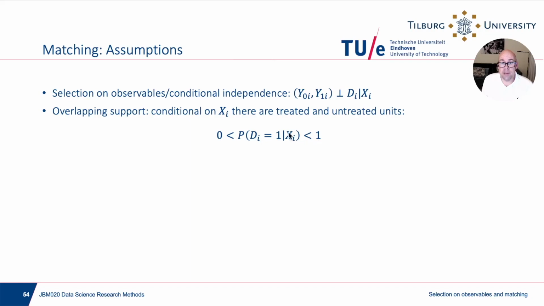And that means that there are treated and untreated units in each group. If this were not the case, we would be in trouble, because then we could not estimate the treatment effect at the group level before then averaging across groups.